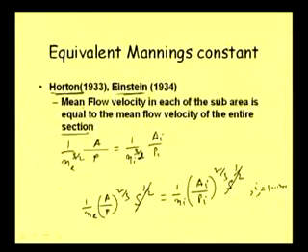And when we have a series like that, where this is equal to that, if we take the summation of the numerator and denominator, then it becomes the same. So we can write summation of Ai divided by summation of Pi by Ni to the power 3 by 2.